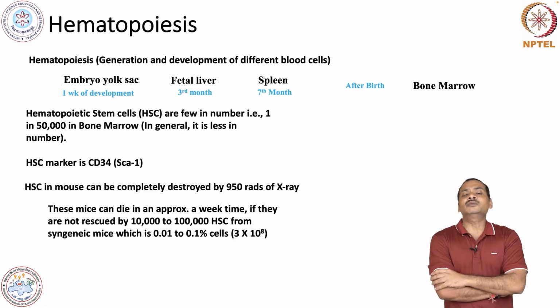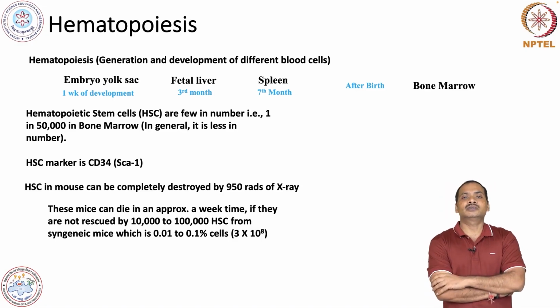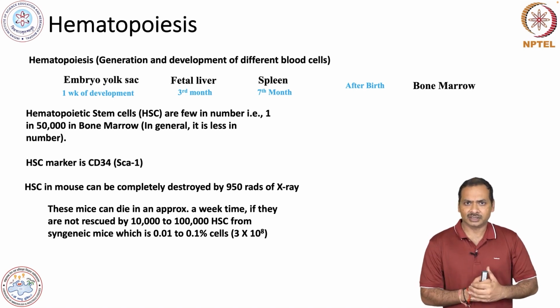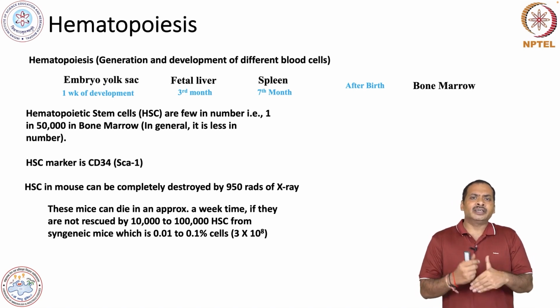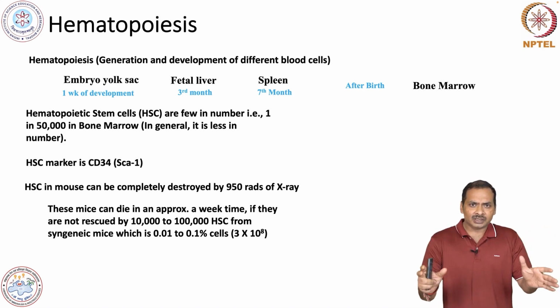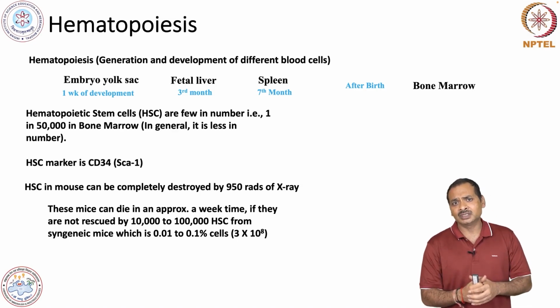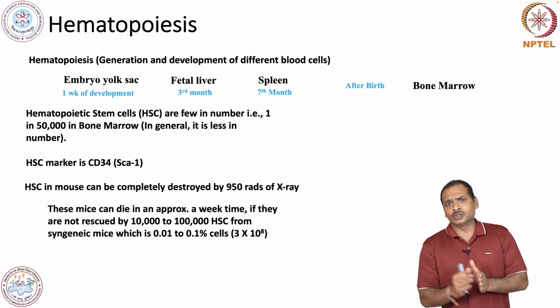Okay. Syngeneic mice are those generated after breeding brother and sister and so on. So their genome is consistent. If you take a group of syngeneic mice, their genome is consistent. Okay. There is no variation.